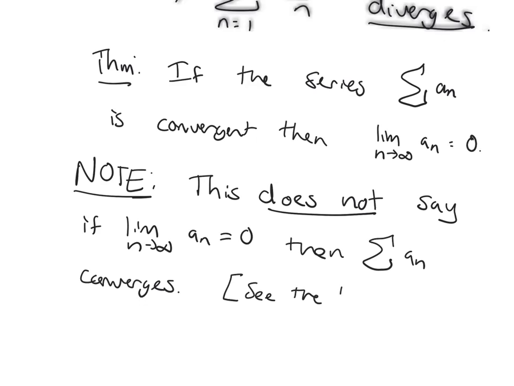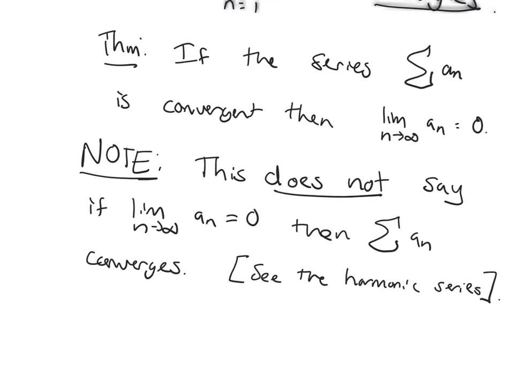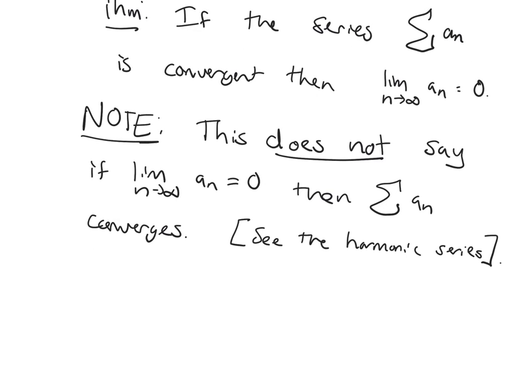See the harmonic series. If you look at the harmonic series, it's 1 over n. If I look at the limit of 1 over n, what's that limit going to be? The limit of 1 over n as n goes to infinity is 0.